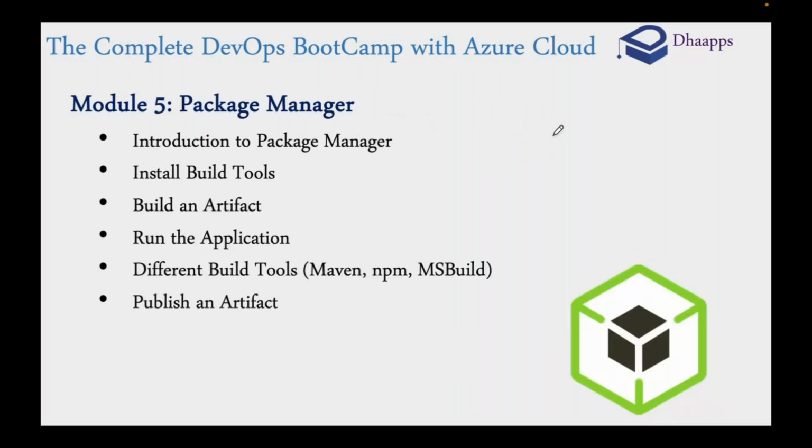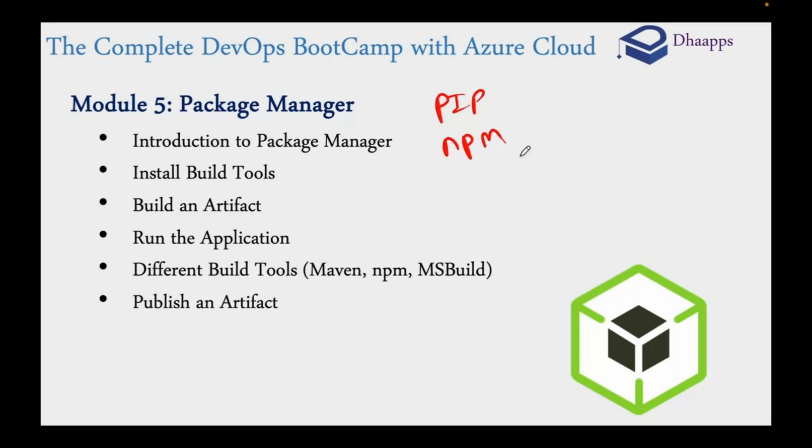Then package manager. There will be some doubts for some students: which language do you need to understand in order to learn DevOps? You don't need to understand the languages first of all, but you have to understand how to build that programming language. Let's say you take Python, Python is built using pip. If you take Node.js, Node.js will build using npm.